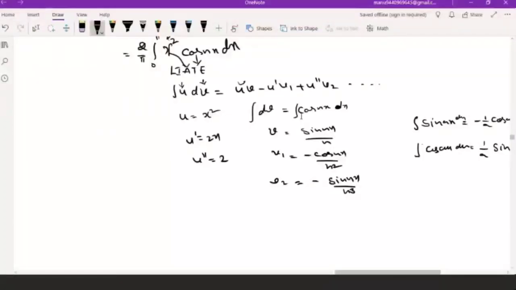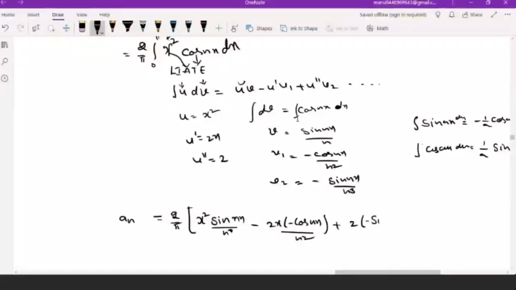So here an is equal to 2 by pi times the half-range integral. So u is x square, and v is sin nx by n. Sorry, v is sin nx by n, u dash is equal to 2x, and v1 is equal to minus cos nx by n square, plus 2 into minus sin nx by n cube, with limits 0 to pi.